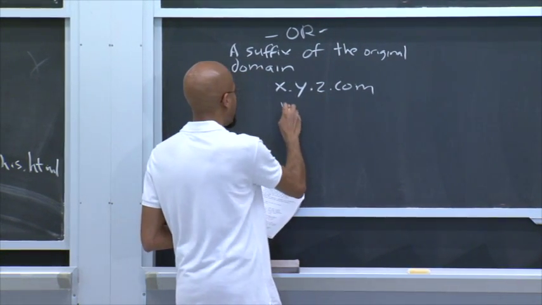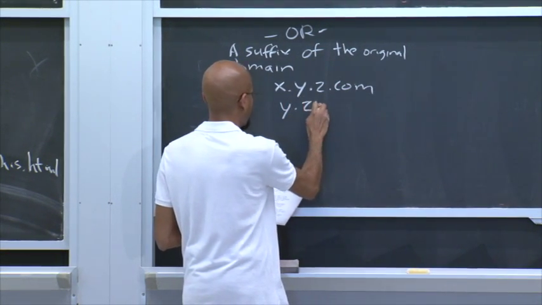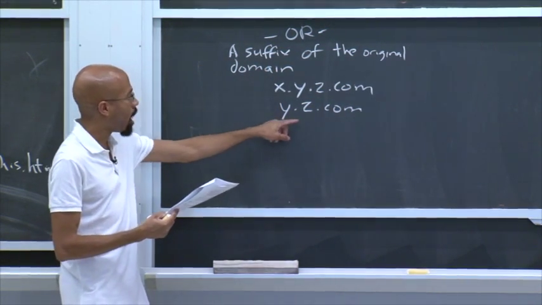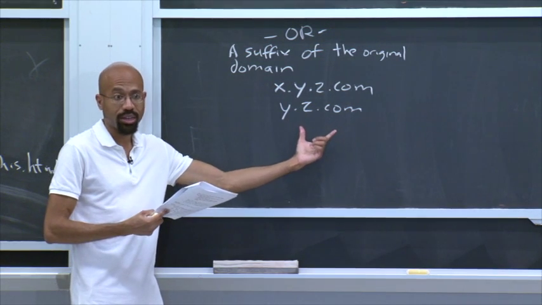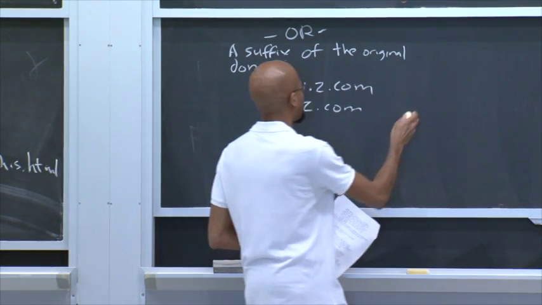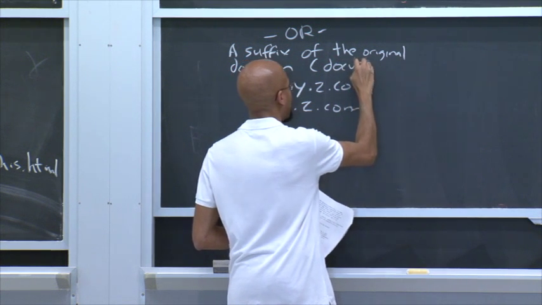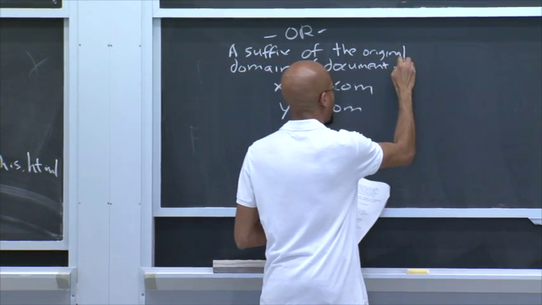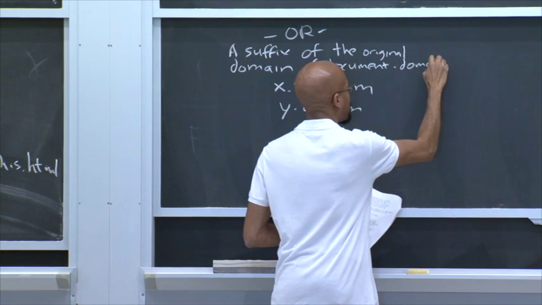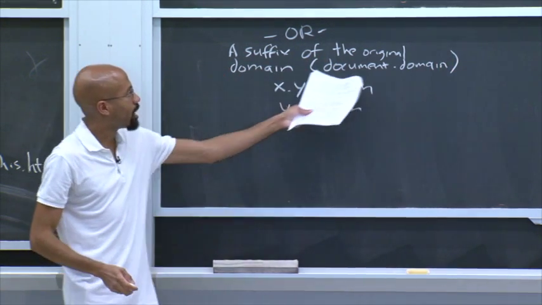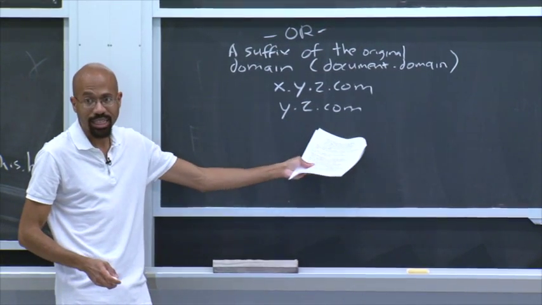It can then intentionally say, I want to set my origin to be y.z.com, a suffix of that, right? And the way that it indicates this is by doing an assignment to the special document.domain value that's accessible via JavaScript. So it can set document.domain explicitly to this right here, right?